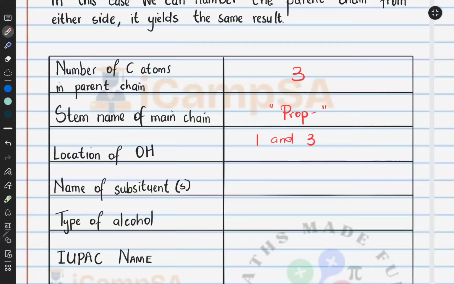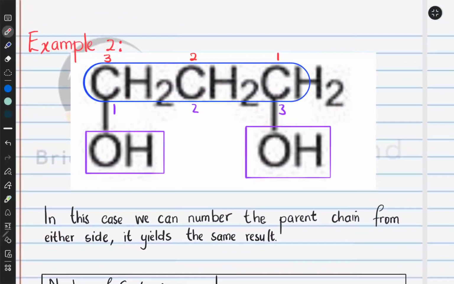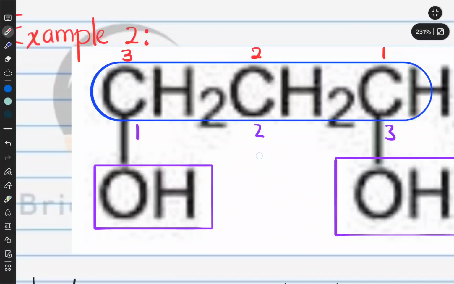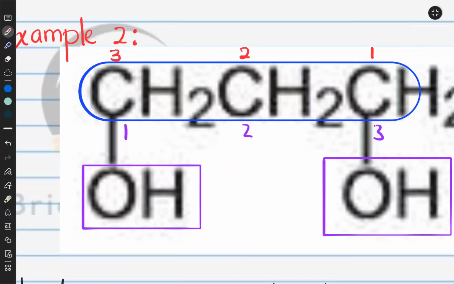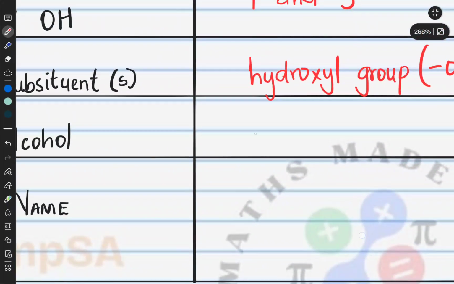It's only the hydroxyl groups that we're dealing with, so our substituents are just the hydroxyl groups. And then the type of alcohol, this would be a primary alcohol, because if you check, the OH groups are both attached to a primary carbon atom. So this qualifies to be a primary alcohol.